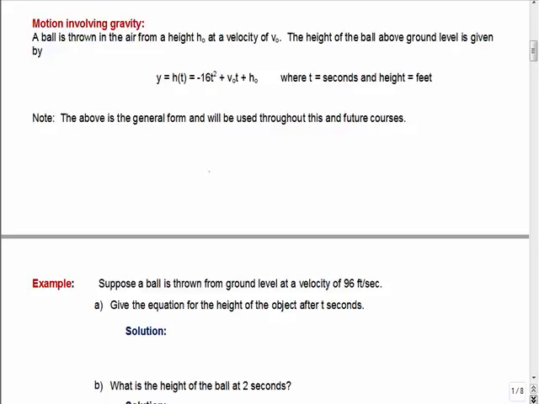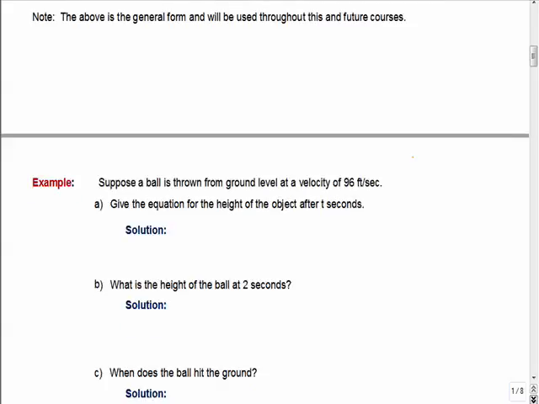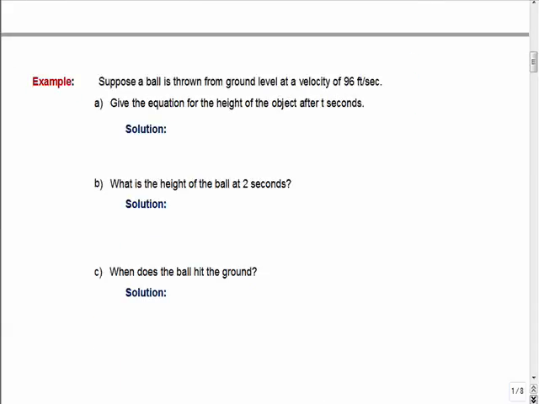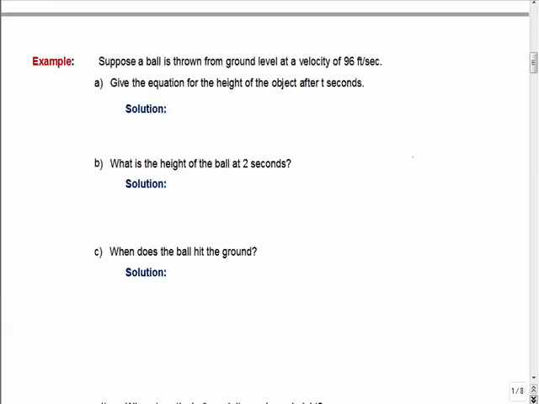So here's our example. Suppose a ball is thrown from ground level at a velocity of 96 feet per second. Give the equation for the height of the object after t seconds. Well, as we recall, the formula is h of t is negative 16t squared plus v0t plus h0.